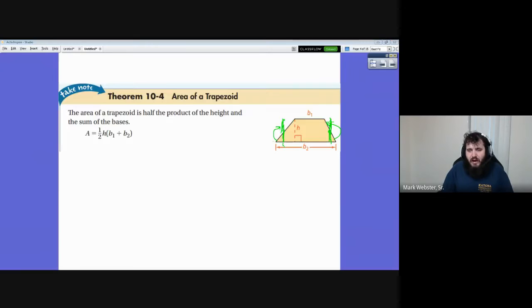And so what ends up happening here is when you do your base times height formula, in order to figure out what that is, it's just the average of this base and this base. Because basically half of this is going over here, half of this is going over here. You're averaging it out. So when you're doing the area of a trapezoid, think of it like this.